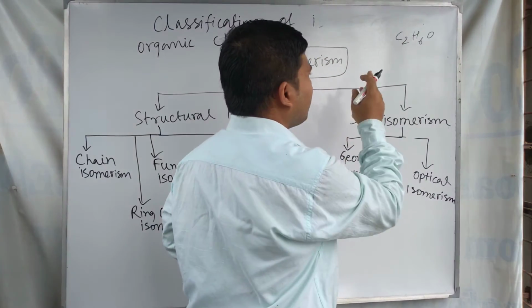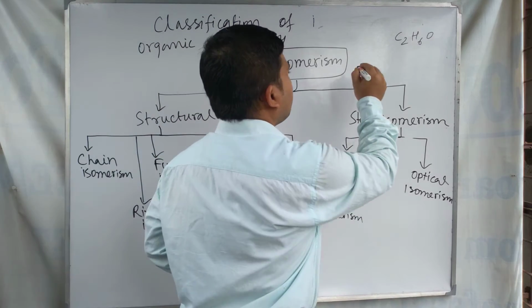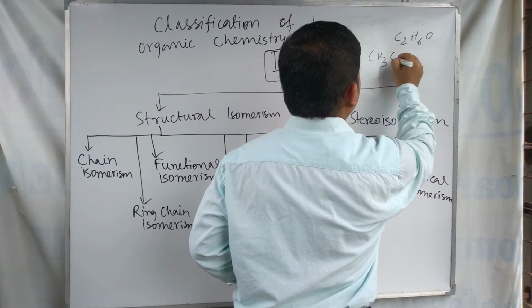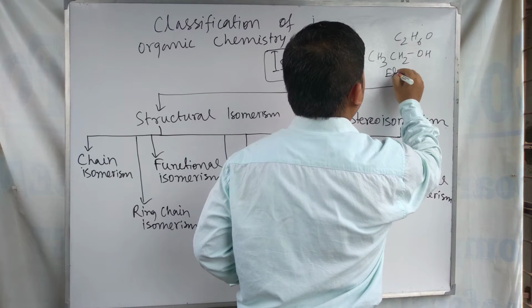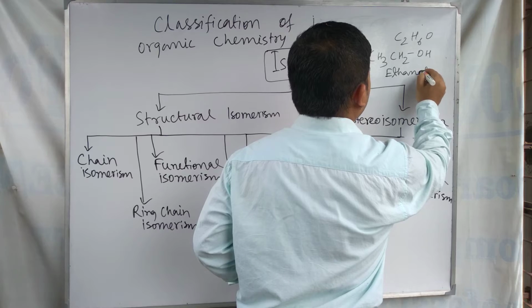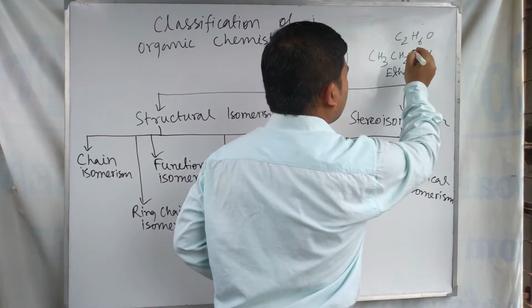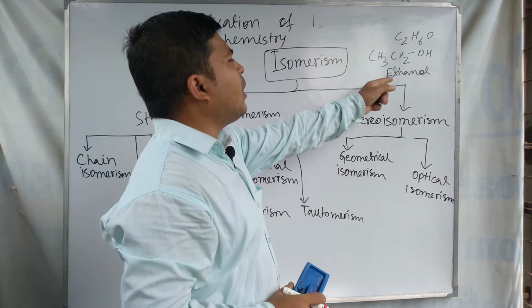Using C2H6O, we can represent CH3CH2OH, which is called ethanol.